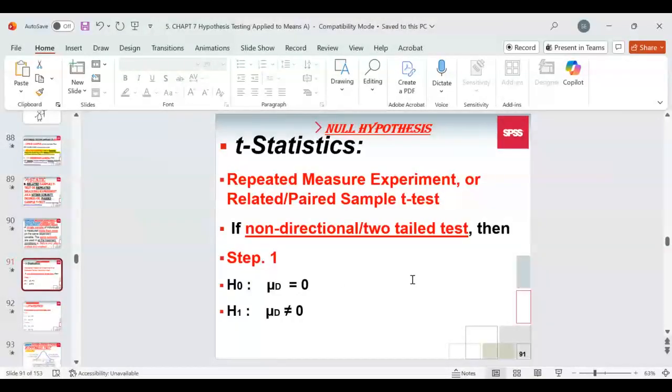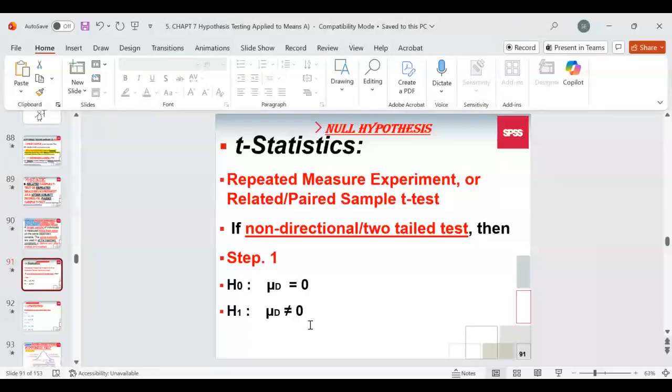If non-directional or two-tailed test, then the researcher or alternative hypothesis, H1 or HA, would say that mu D, or mean difference, there will be a mean difference. That means the mean difference is not going to be zero. Like the first measurement before, the mean was 90.